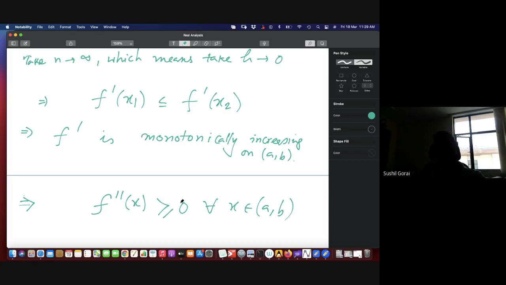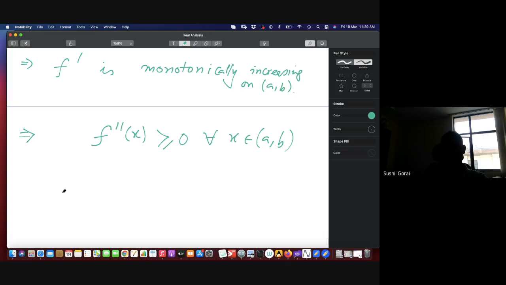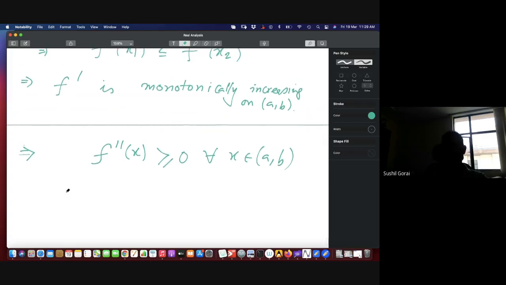When it is greater than 0, it is strictly increasing; we have done the same procedure using the mean value theorem. You can see that this is greater than or equal to 0. Monotonically increasing implies this. So one part is done.